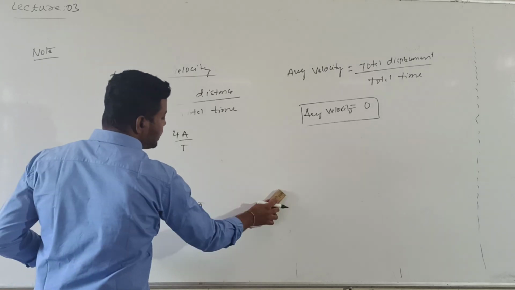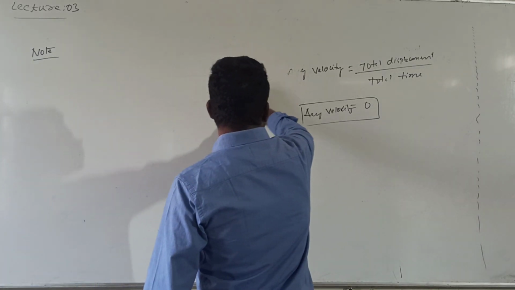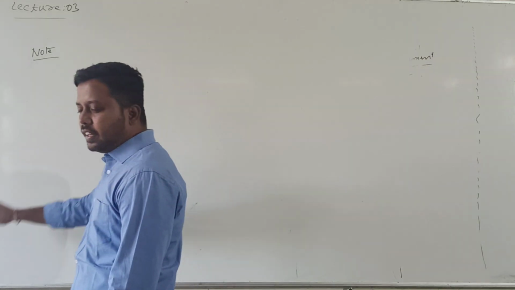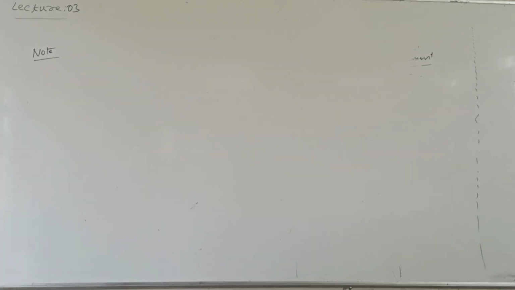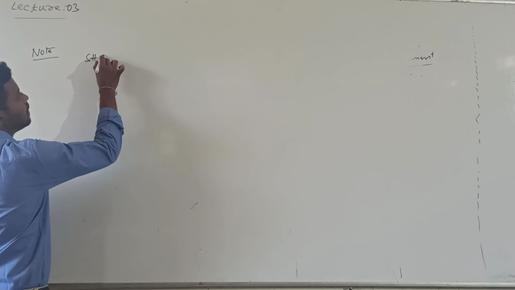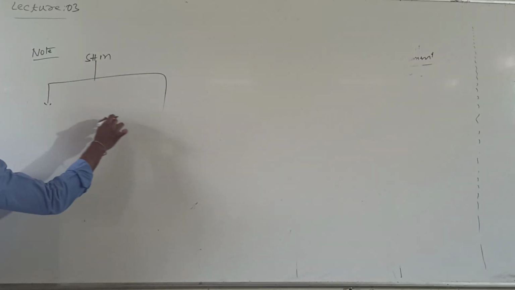So next, one more point. Go through the concepts clearly. In the assignment of this chapter also, most of the questions are based on concepts only. Under this note, let me consider one more point. Actually, one point I forgot to tell: simple harmonic motion is of two types. How many types? Two types.